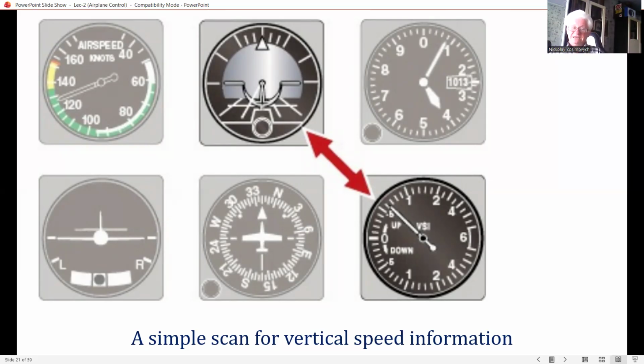Look at this slide, please. The VSI, since it is often used in conjunction with the altimeter, is located directly beneath it on most instrument panels.